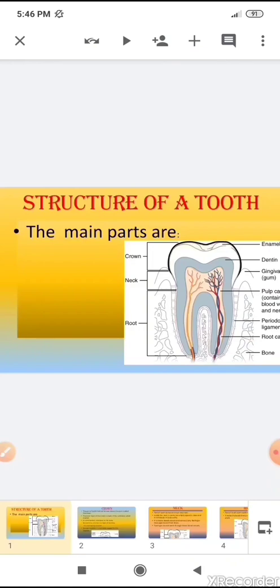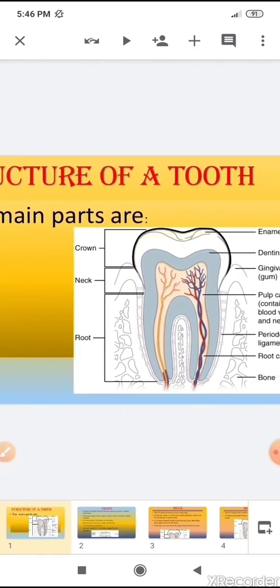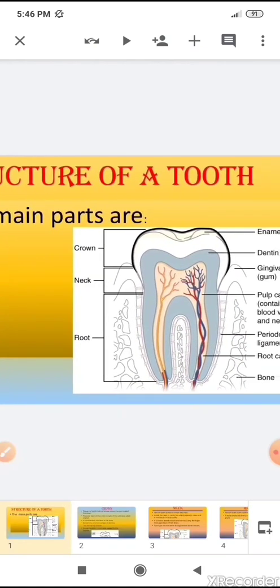Children, this is the structure of a tooth. The structure of a tooth is divided into three main parts. What are the parts? First, the top portion of a tooth is known as the crown.